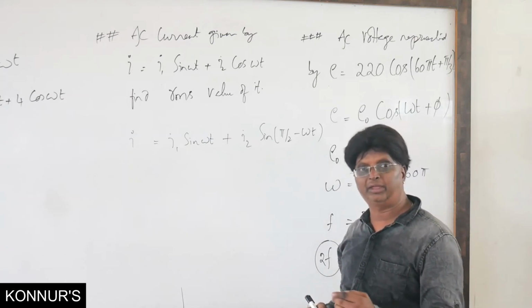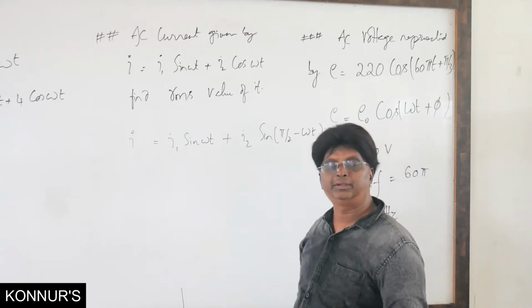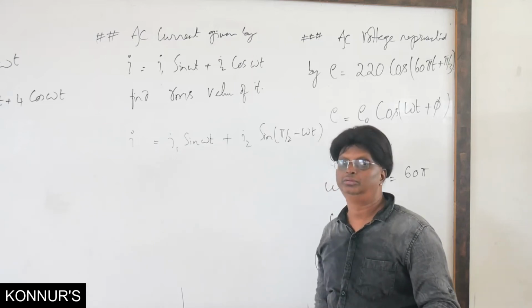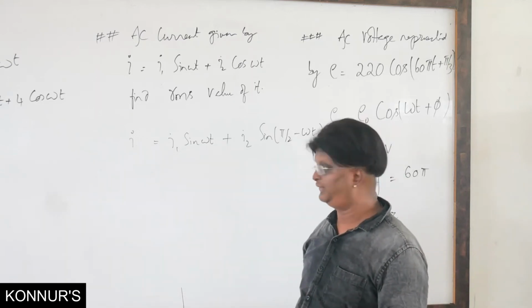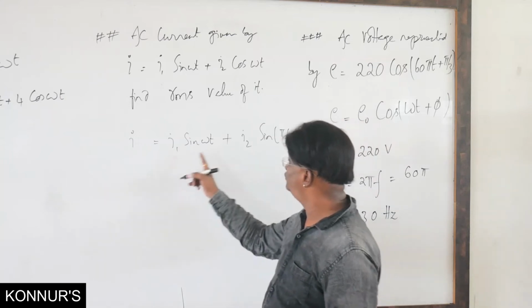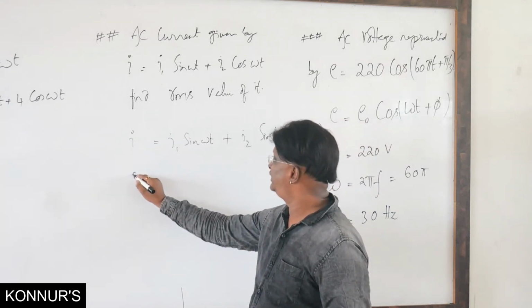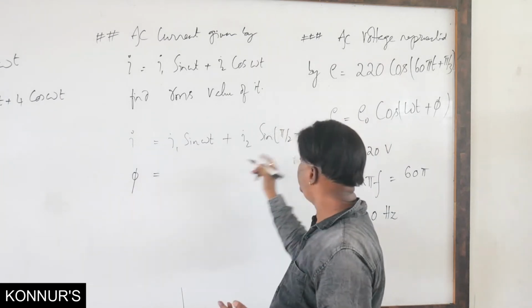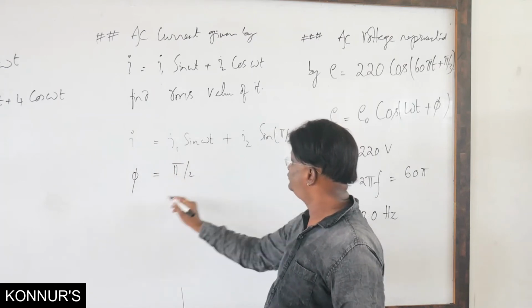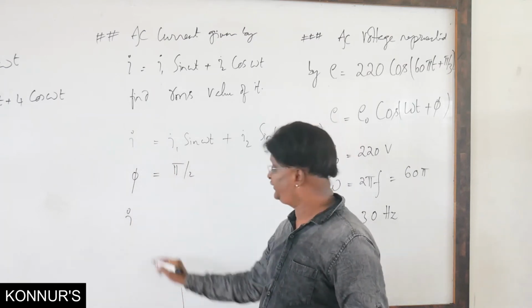And do remember, whenever there are AC currents, AC signals, we have to follow vector addition, the phasor diagrams. Therefore, in such a case, the phase difference between the two signals will be pi by 2. So what is the net current?